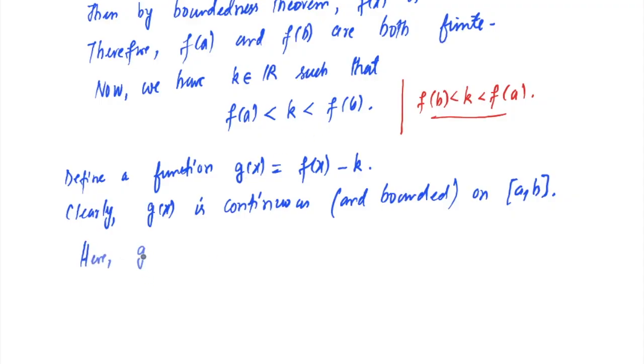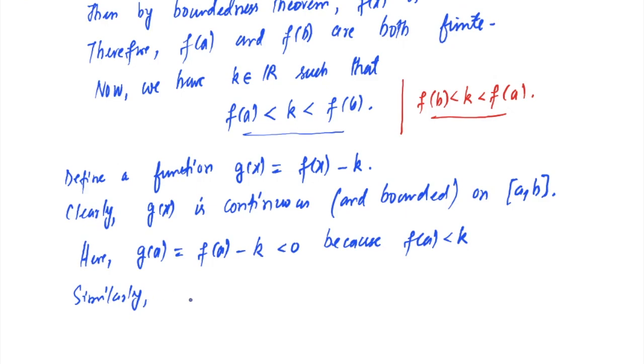Now let's compute the values g of a and g of b. Here g of a is equal to f of a minus k. If we look at the equation f of a is less than k is less than f of b, we can clearly see that f of a minus k will be less than 0, because f of a is less than k.